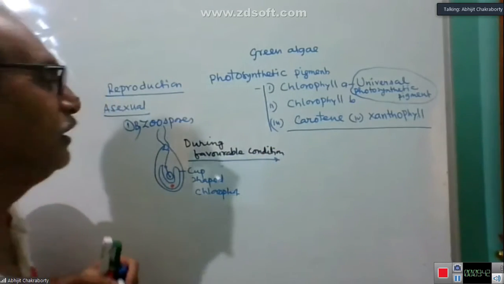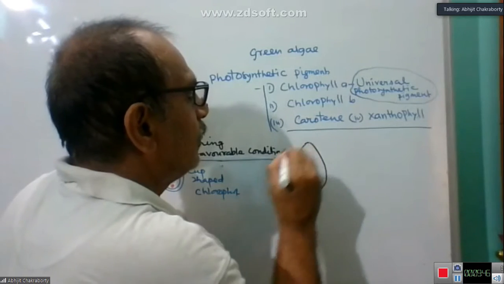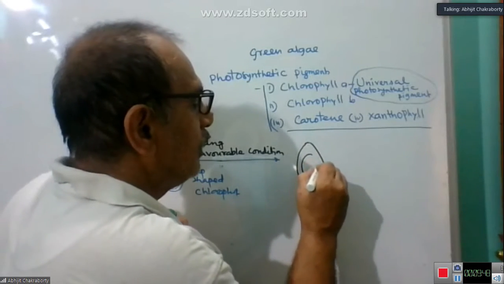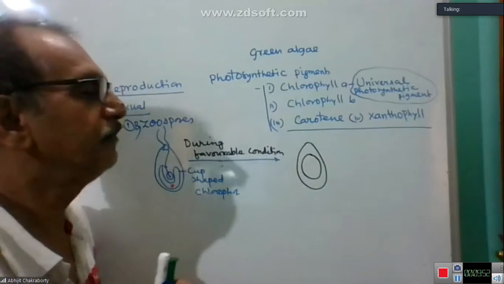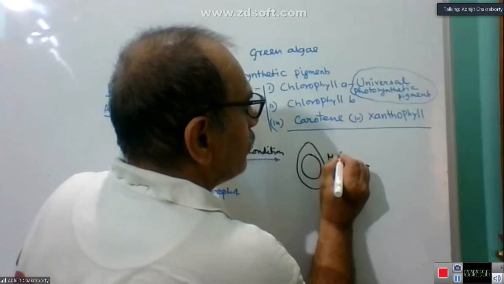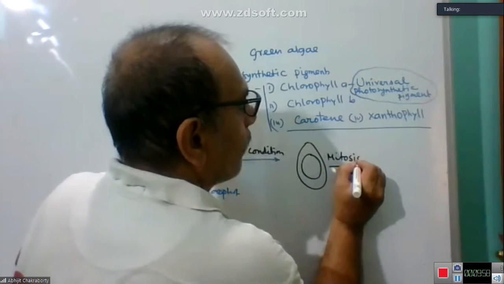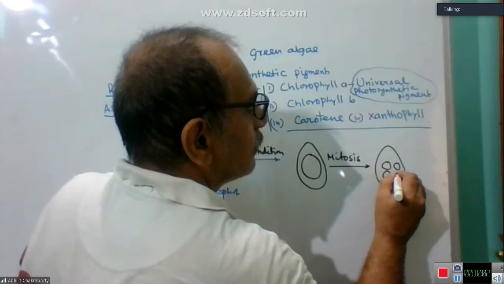During favorable condition, it withdraws its flagella and the protoplasm shrinks and becomes round in shape. Then it undergoes mitotic division to produce a number of spores like this.